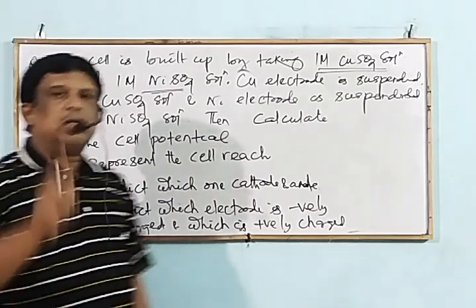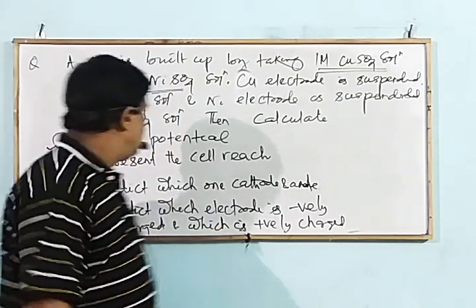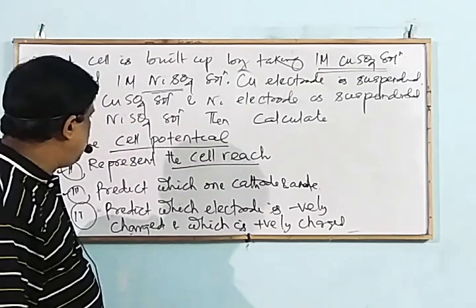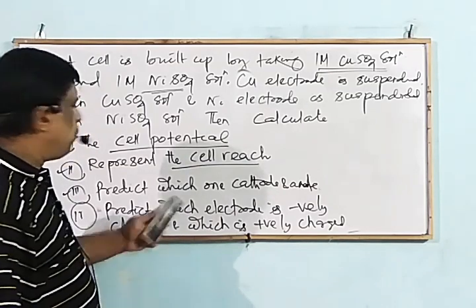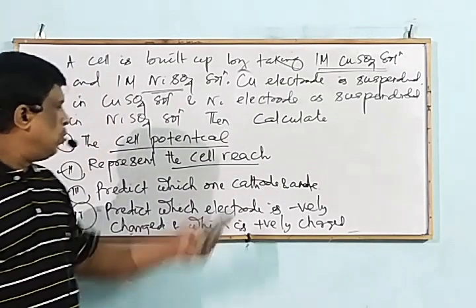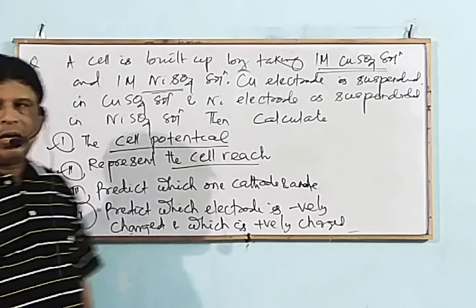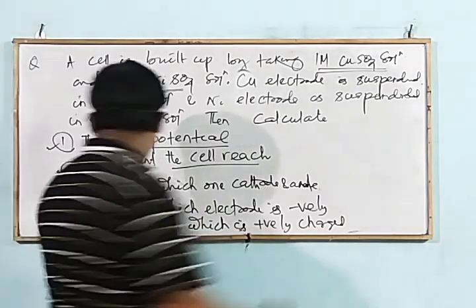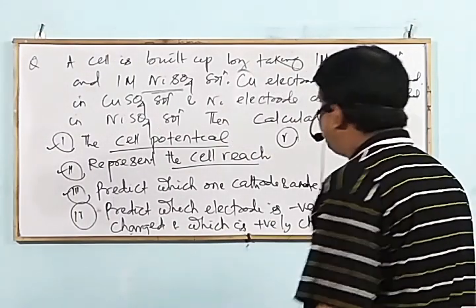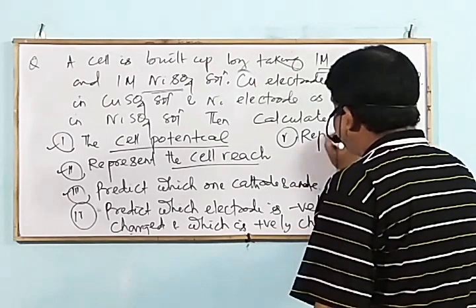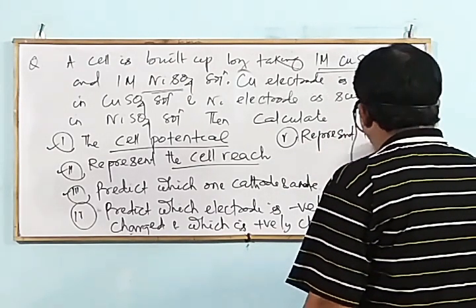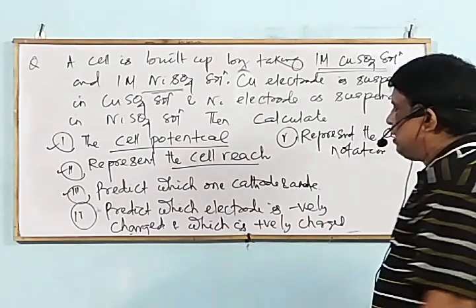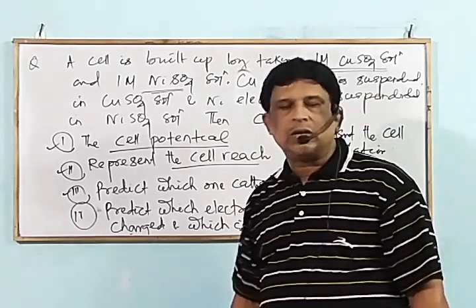One is the cell reaction. One is to calculate the EMF of the cell. Next, we have to predict which one is cathode and which is anode, and which is negatively and positively charged. Last, we have to represent the cell notation. We have to find these five parts. Let us discuss one by one.